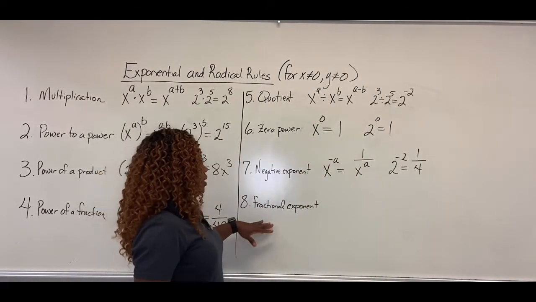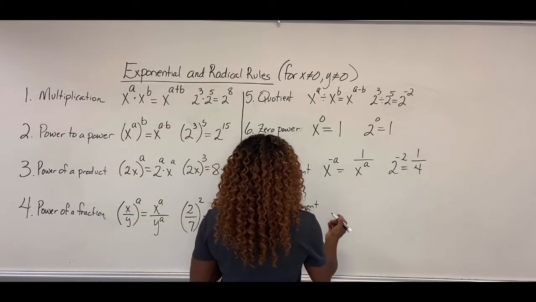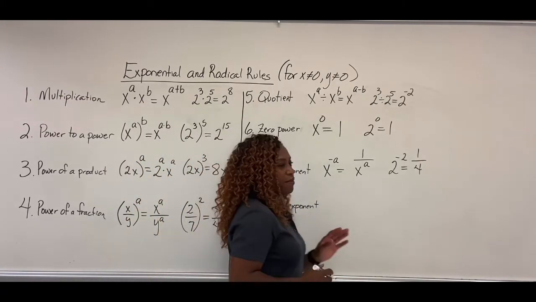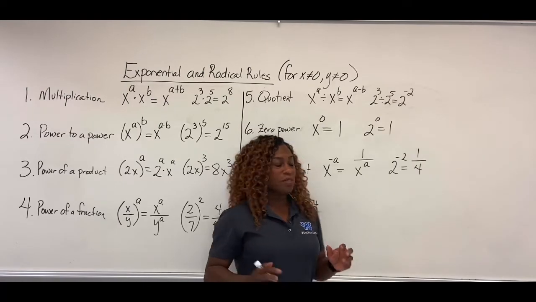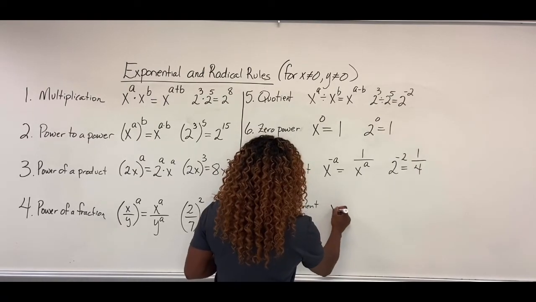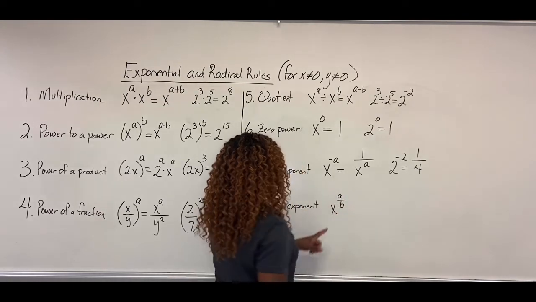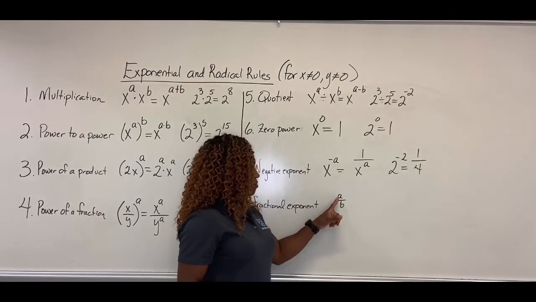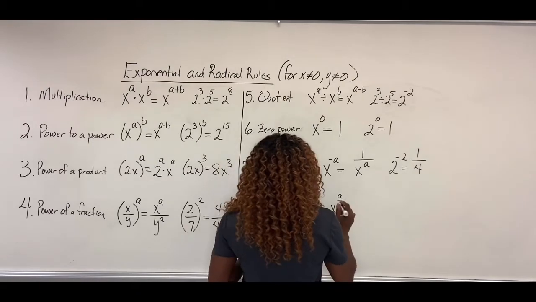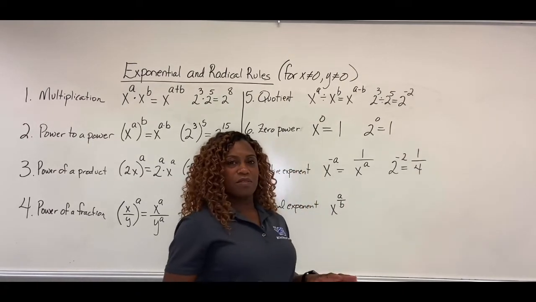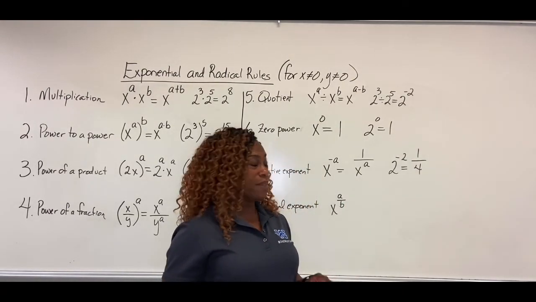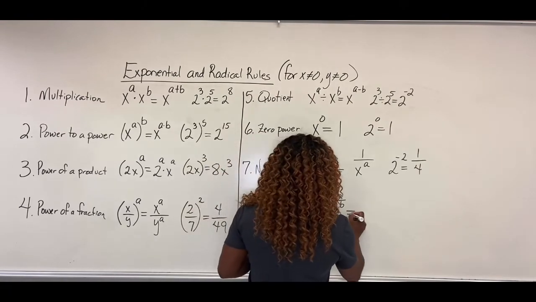And the fractional exponent. Now, a fractional exponent says that we have a fraction as the power. Here's an example. X to the fraction a over b. Notice that the exponent is a fraction. We have to use a radical sign to write that, or rewrite that, I should say, and it would look like this.